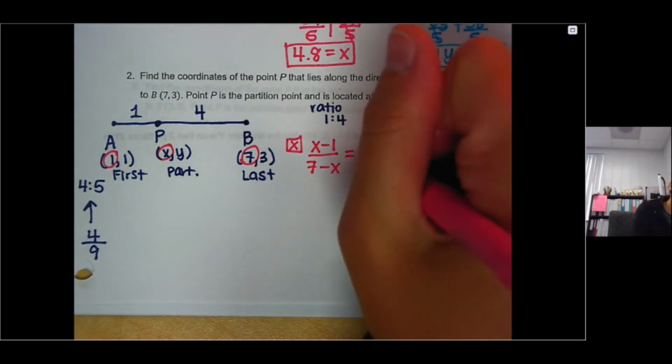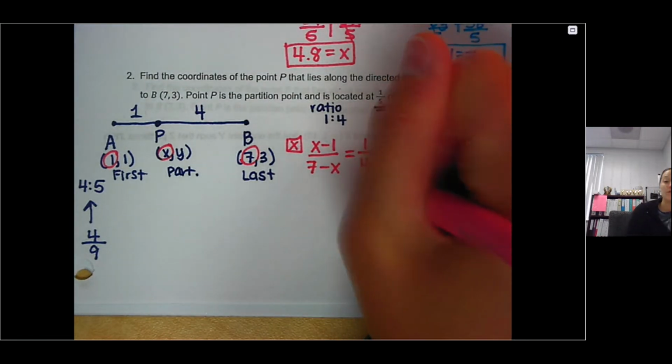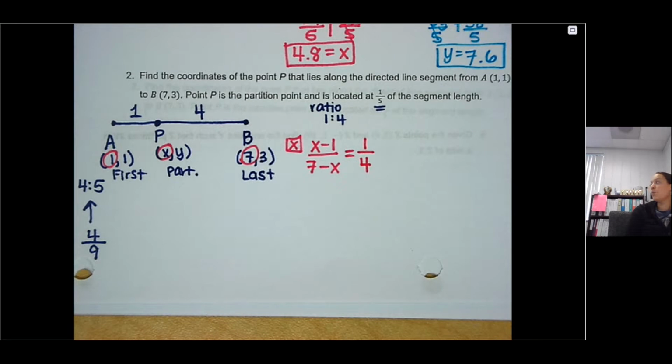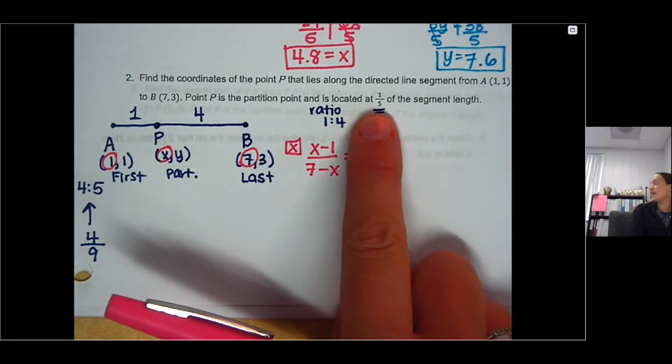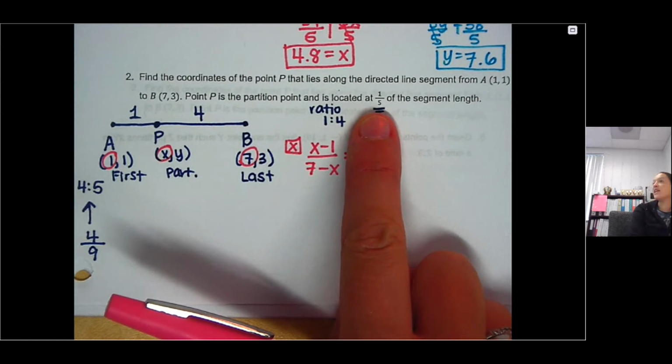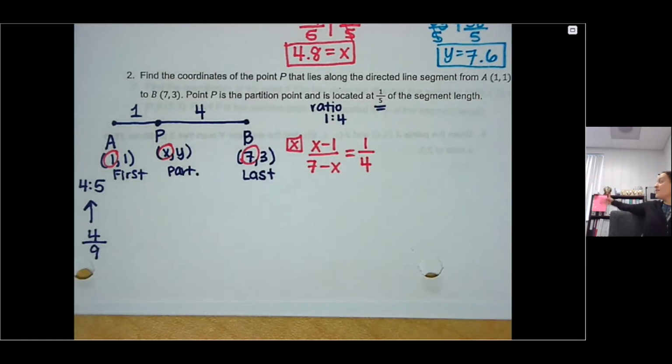That's 1/4 is my ratio. Because 1/5 is the total length. That's a fraction. So you're saying 1 out of 5 pieces in total, that would be 1 piece to 4 pieces. Because in total, that gives you the 5 pieces. So my ratio is 1 to 4.